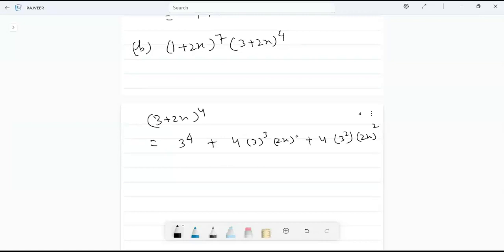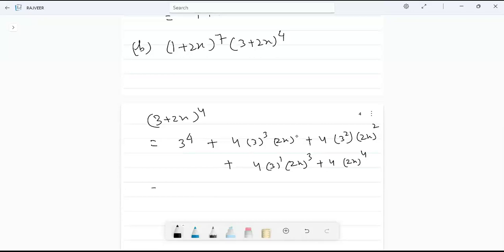And next term is 4C3, 3 to the power 1 and 2x whole cube, plus 4C4, 3 to the power 0, 2x to the power 4.